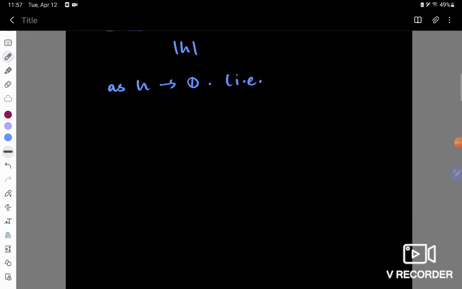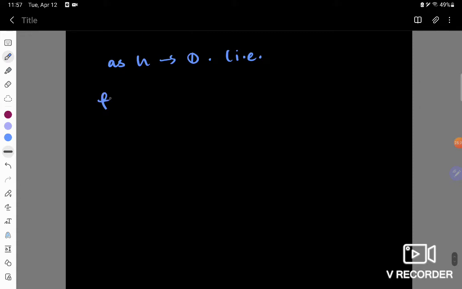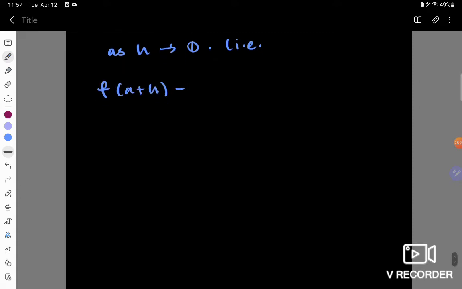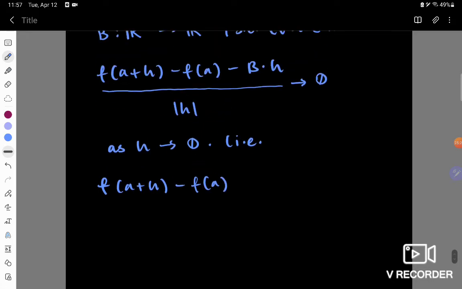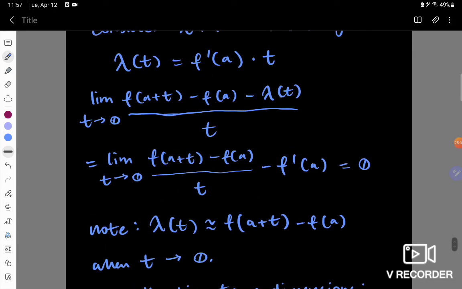i.e., and this is just something I want to add, although I sort of pointed it out, f of a plus h minus f of a is going to be similar to how we took this discrepancy value in one dimension as we defined this lambda of t over here.